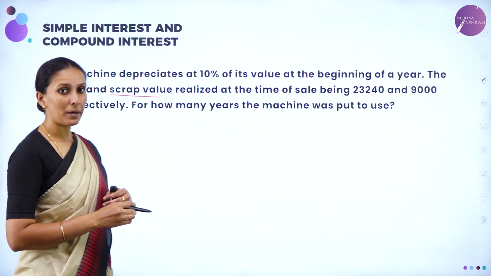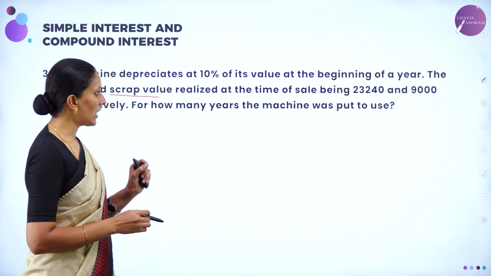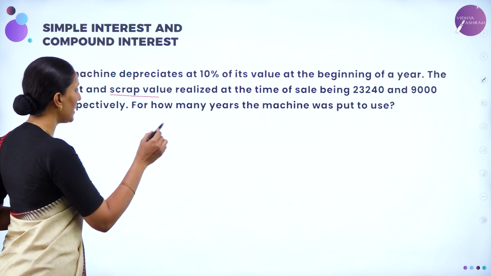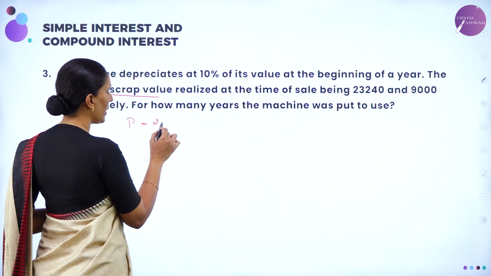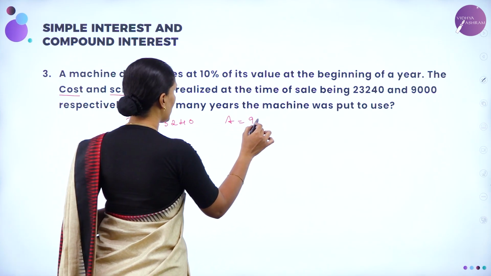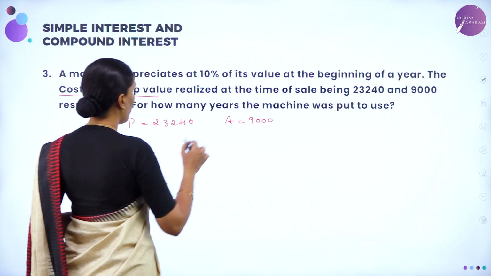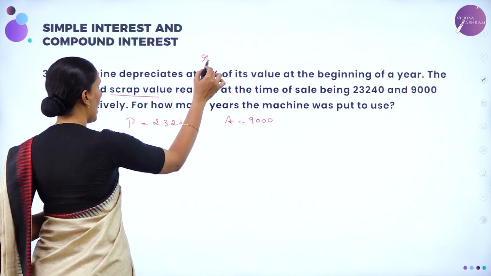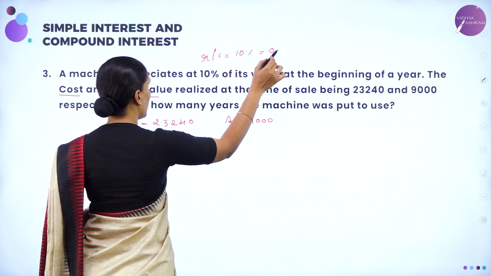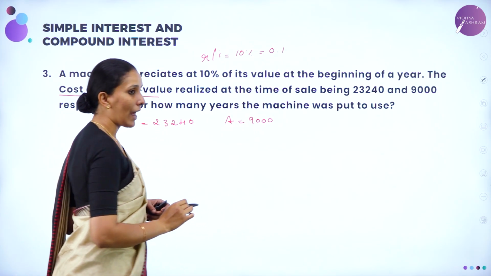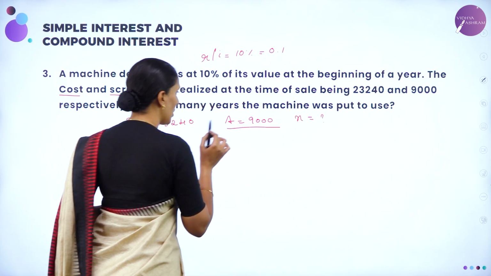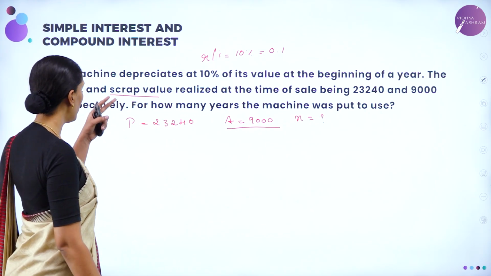Scrap value is nothing but the depreciated value, so that is A, and the cost value is your P. So P is given as 23,240 and A is given as 9,000. With the rate of interest i equal to 10%, that is 0.1. We need to calculate after how many years the value of the machine became 9,000.